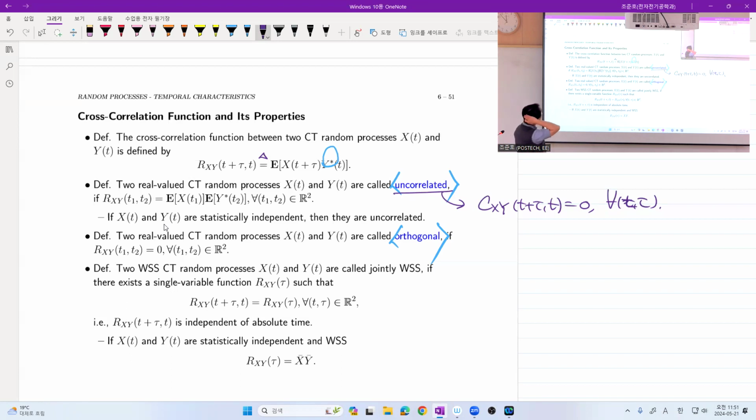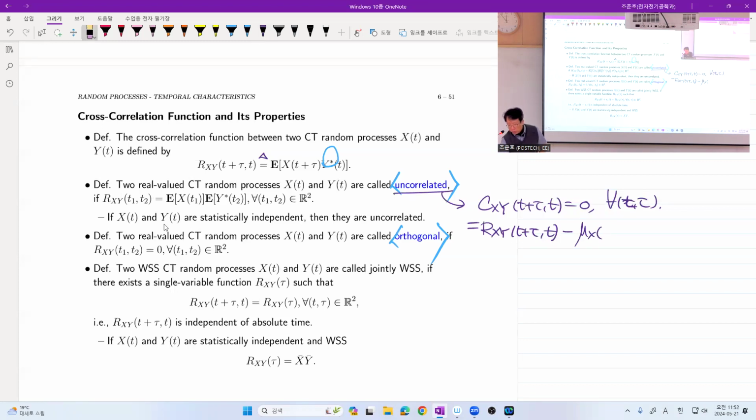So here goes something strange. Let me see. Just a second, uncorrelated. Yeah, this looks correct. Actually, you can show this is equivalent to Rxy of t plus tau comma t minus mu x.